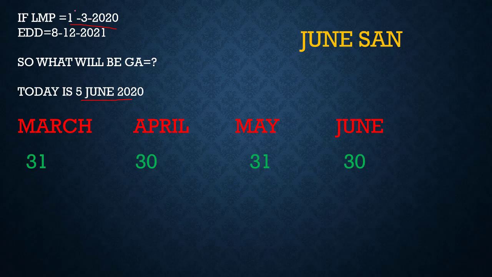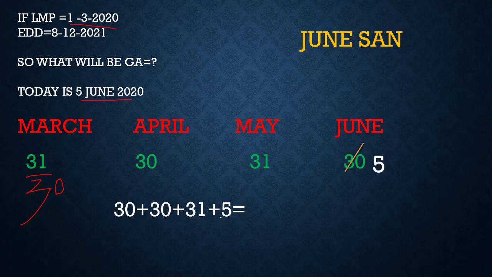From 2nd March till 31st March, there are 30 days, right? And as today is 5 June, we will write here 5. Now we will add all these days: 30 plus 30 plus 31 plus 5 is equal to 96. So your fetus is 96 days old.